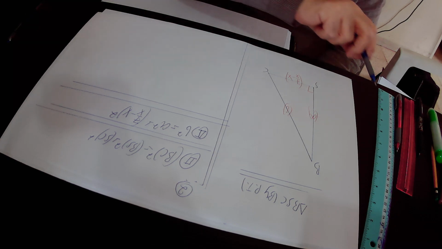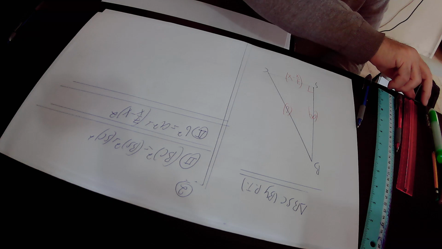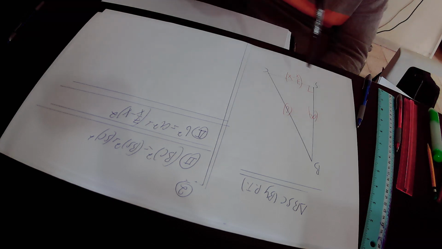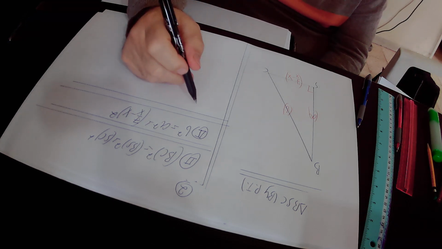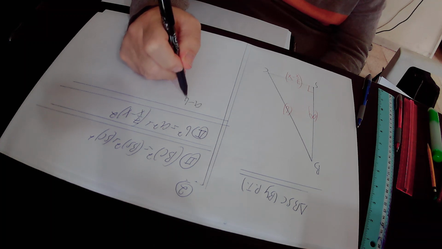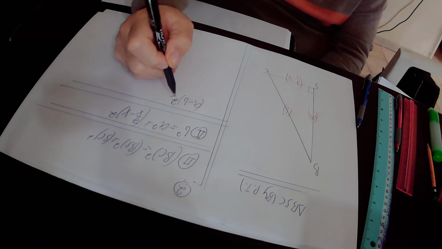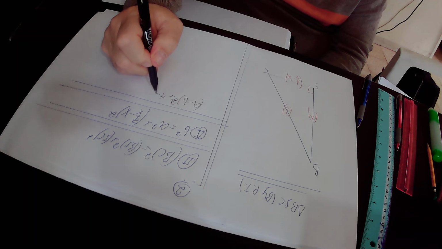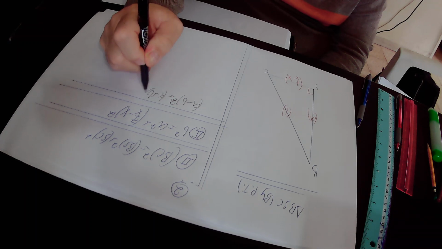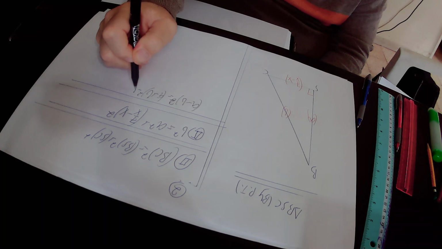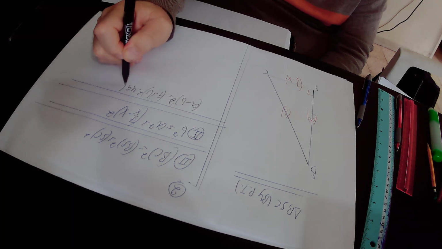So here we use the algebraic identity that states that (a minus b) squared equals (a plus b) squared minus 4 times a times b.